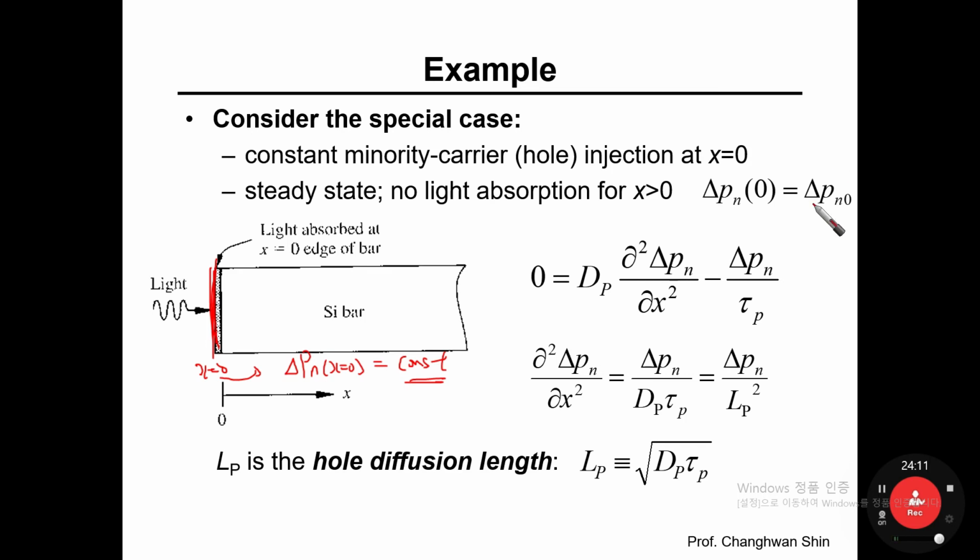So the author has provided us the number. This constant number is denoted as p sub n naught. So this is not variable. This is constant.